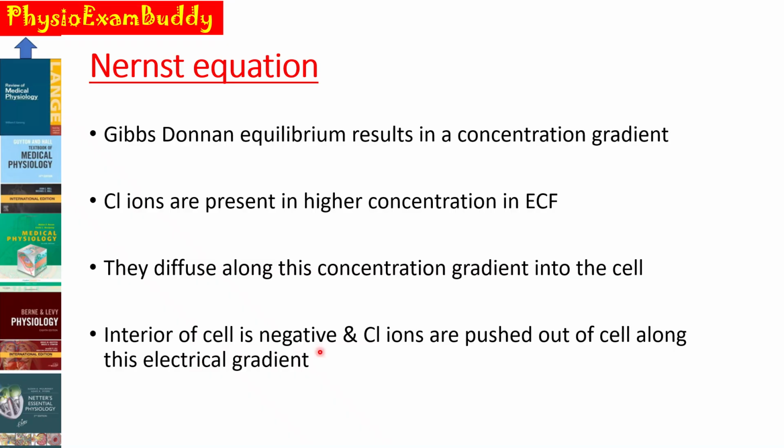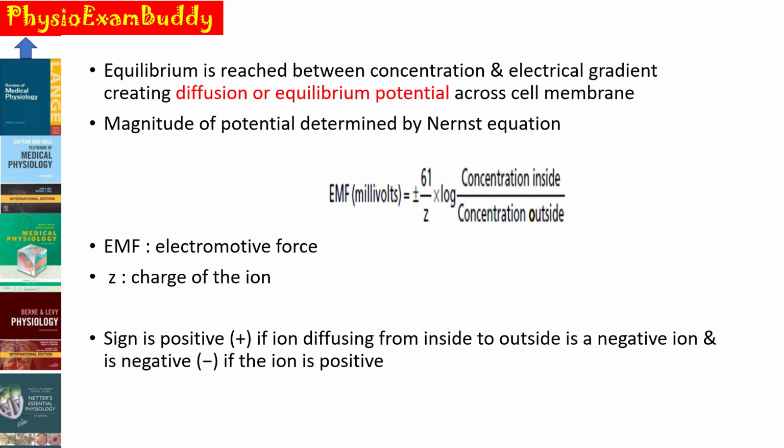So the interior of the cell becomes negative and the chloride will be pushed out of the cell along this electrical gradient. And an equilibrium will be reached between both the concentration gradient as well as the electrical gradient, creating a potential difference across the cell membrane, which is known as the diffusion or the equilibrium potential.